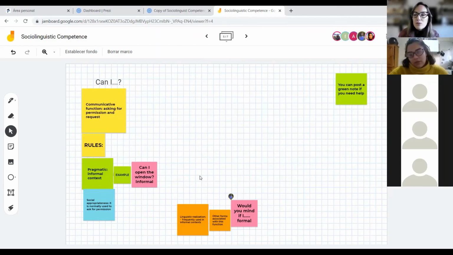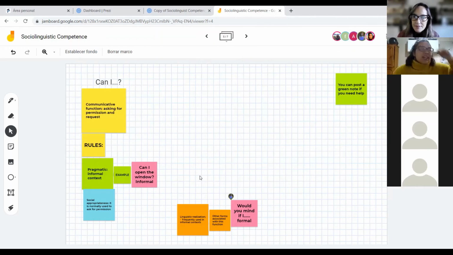It might be used in the same situations, right? But it's not the same if I say, can I open the window? I'm expecting the other person to say yes or no. But if I say, shall I open the window? Probably you're offering, well, in both cases. Yeah, I can see, because here the girls said that it's useful for asking for permission.